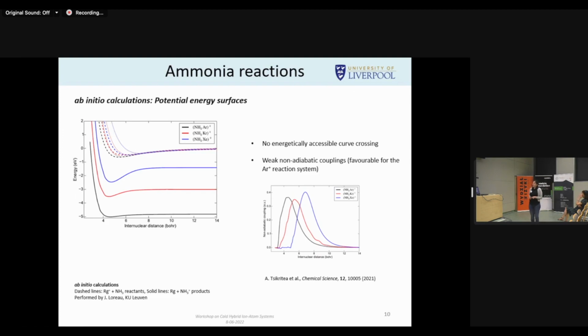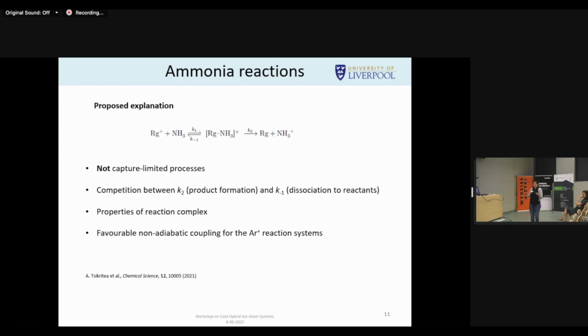So we came up with an explanation of the effects that we see, which is detailed in this paper here. I will try to quickly go through it, but I don't think I have time to go too much into the details. More or less, what we think is happening is that we start with a non-capture limited process for our reactions. Our rate coefficients are lower than the capture predictions.